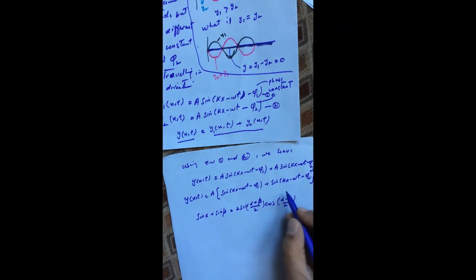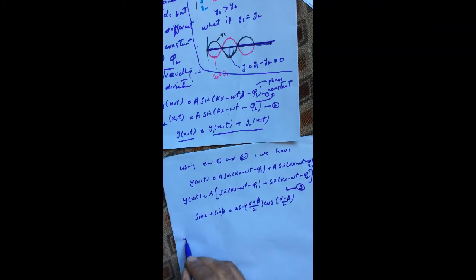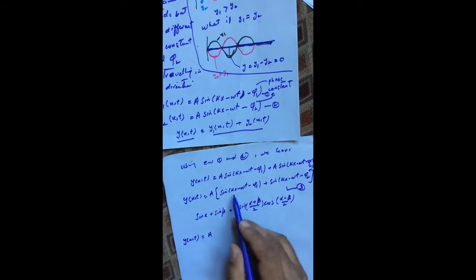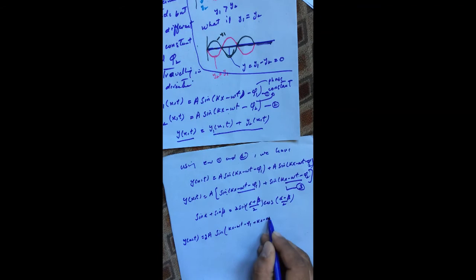Using this identity, equation 3 becomes y equal to 2a, keeping the factor 2 outside, and then sine of alpha plus beta divided by 2, where alpha is kx minus omega t minus phi1 and beta is kx minus omega t minus phi2.